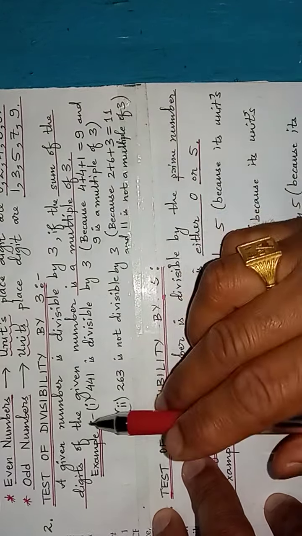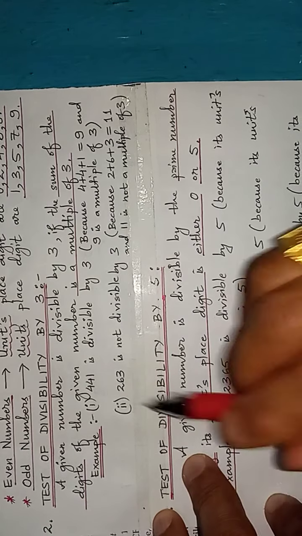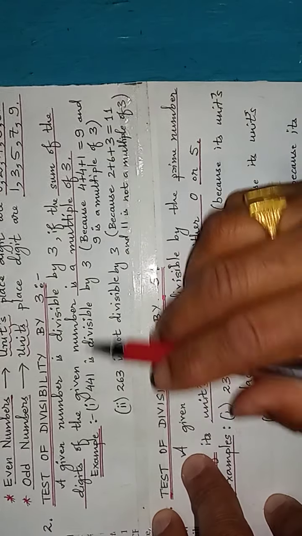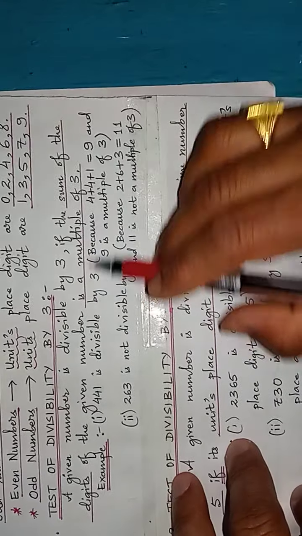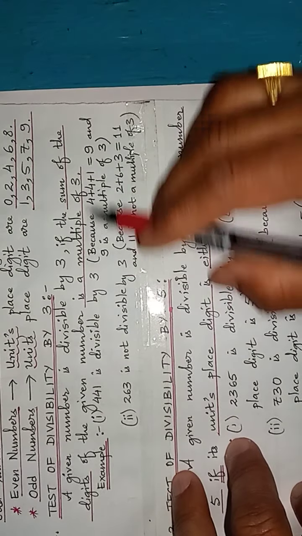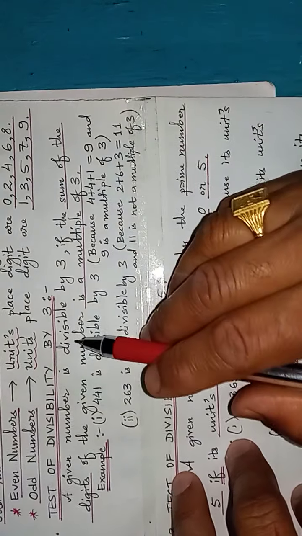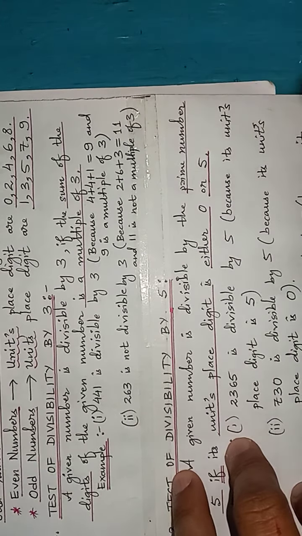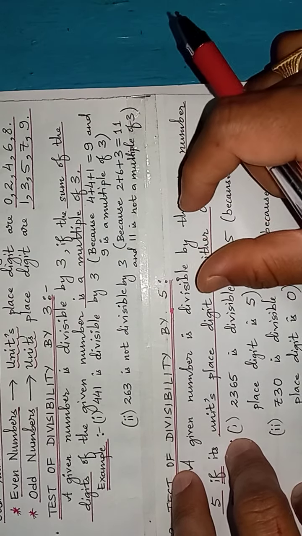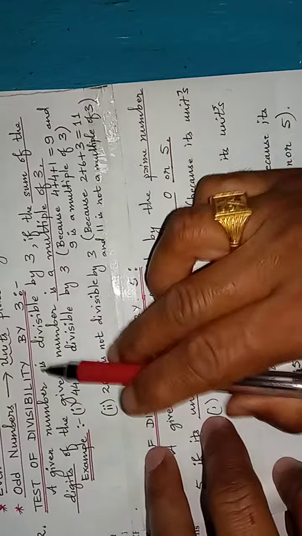You add all the digits in the number, and if that total is also present in the table of 3, then that number is divisible by 3.